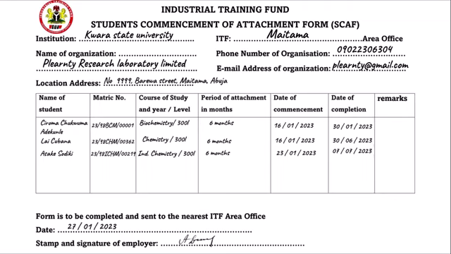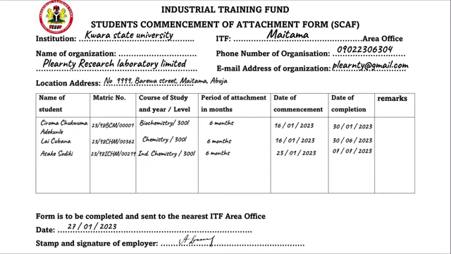So the name of students, let's say Ciro Machukuma Adekunle and then Lai Kubana, started on the 16th of January 2023, and Ashake Sodiki just joined them on 23 of January 2023. The 3 of them can decide to use the same scarf form, the student commencement of attachment form, even if they are not studying the same course, so they can still use the same.